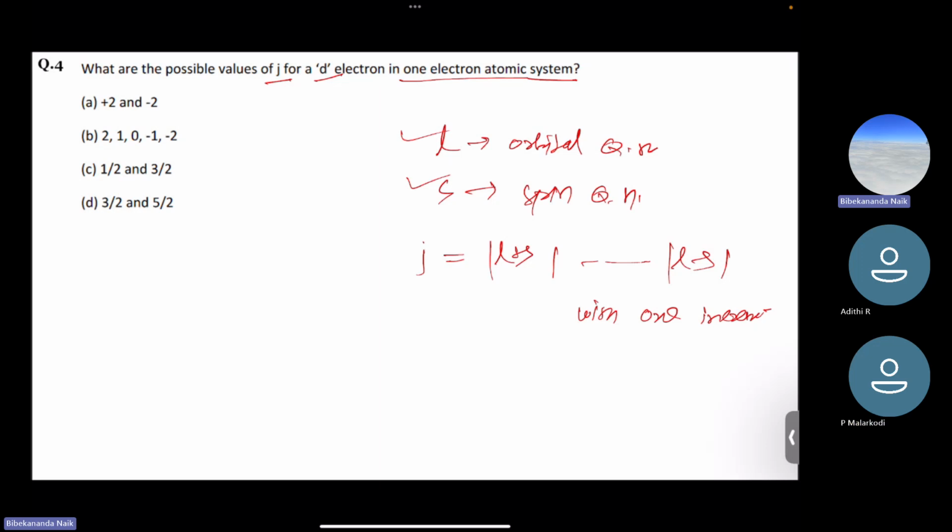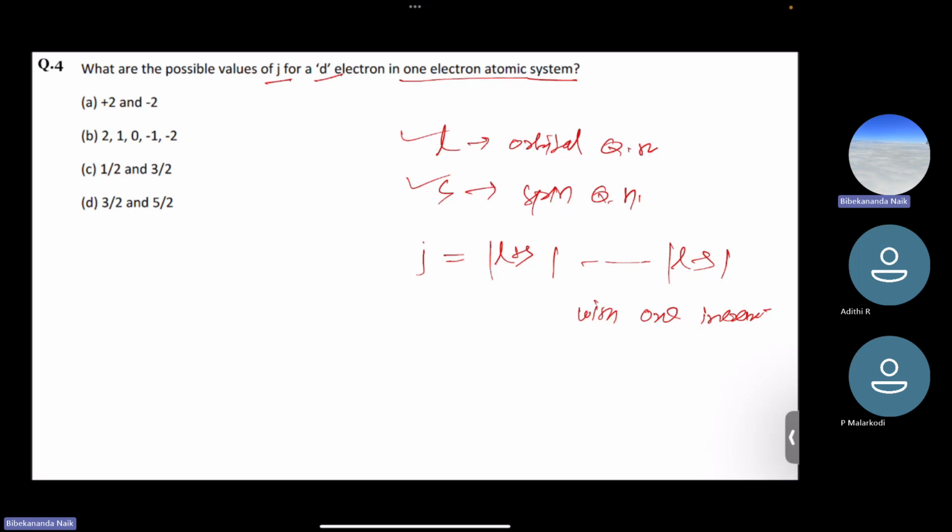Option D. Any other response? Okay, so the correct option is option D. Yes, it is 5/2 and 3/2.